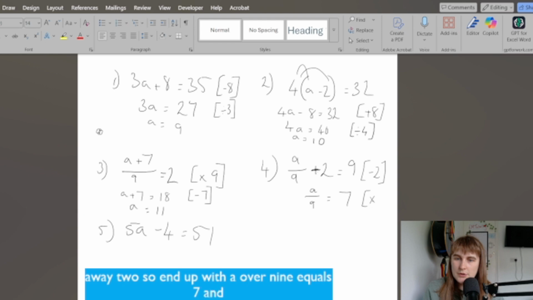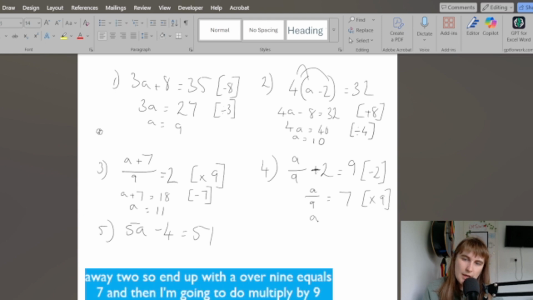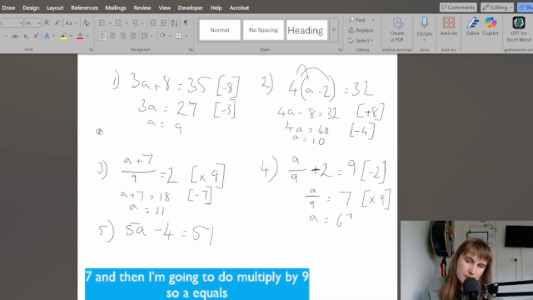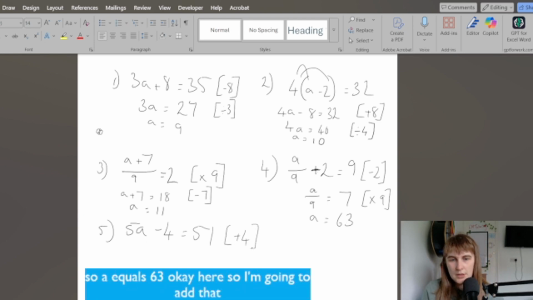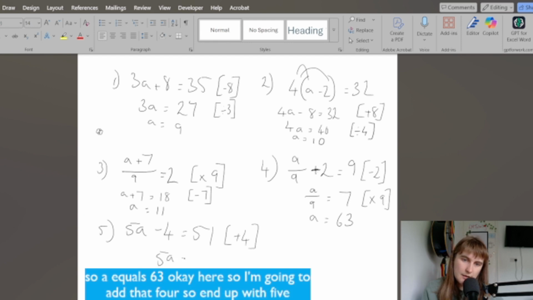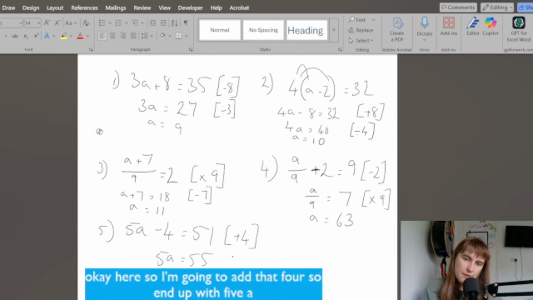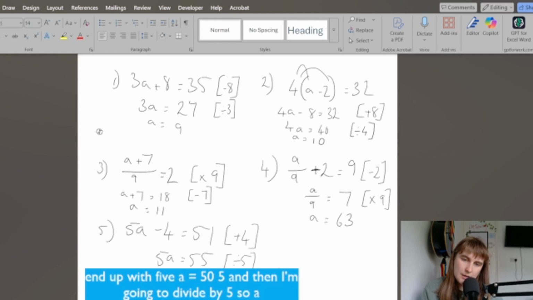And then I'm going to do multiplied by 9. So a equals 63. Okay, here, so I'm going to add that 4. So I end up with 5a equals 55. And then I'm going to divide by 5. So a equals 11. Okay, lovely.